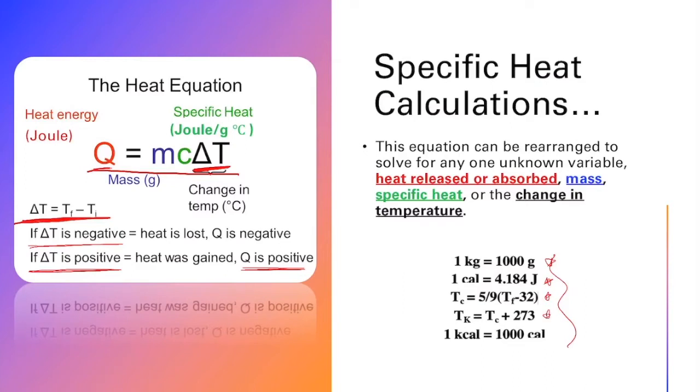This first one is how to convert from degrees Fahrenheit to the Celsius scale. And our second one is just a reminder of how to convert from degrees Celsius to Kelvin if we needed to do that. And then our last little conversion factor is that 1 kilocalorie is equal to 1,000 calories, because some of the problems that you might come across in your quiz will give you calories instead of joules, okay?